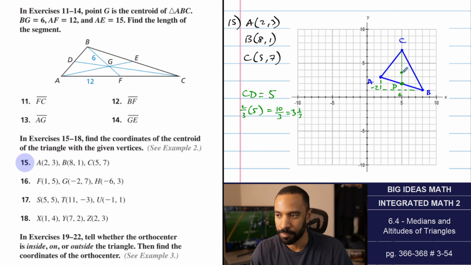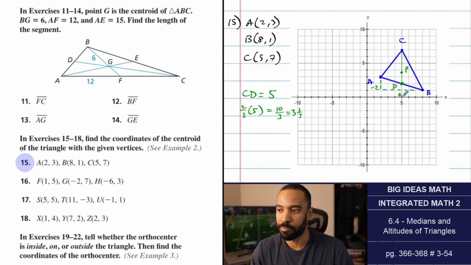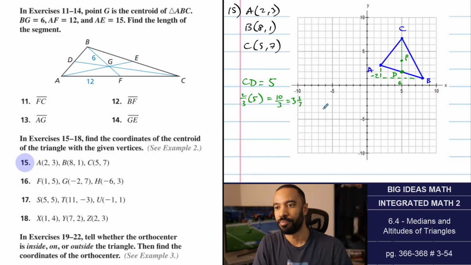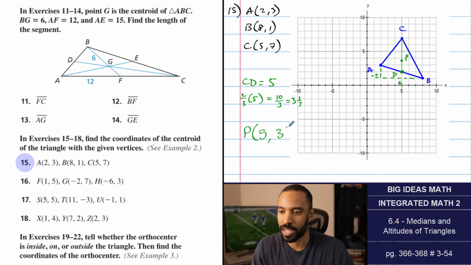We'll call it P. Now, P is 3 1/3 down from C. The x value is 5, but the y value seems to be 1, 2, 3, and then 2/3, because this is 1/3 down from here and 2/3 up from there. So I can write 3 2/3. P, the centroid, is at (5, 3 2/3).